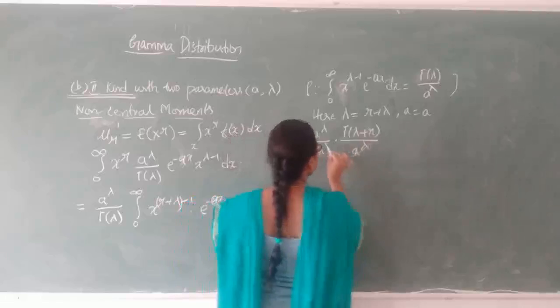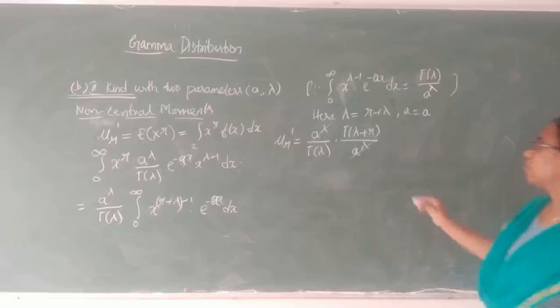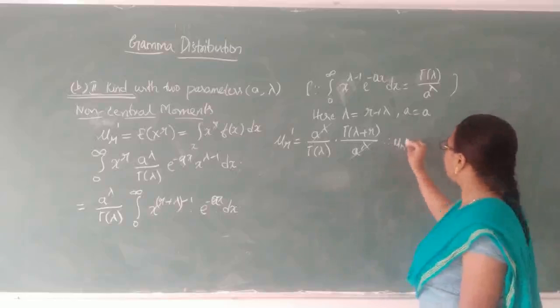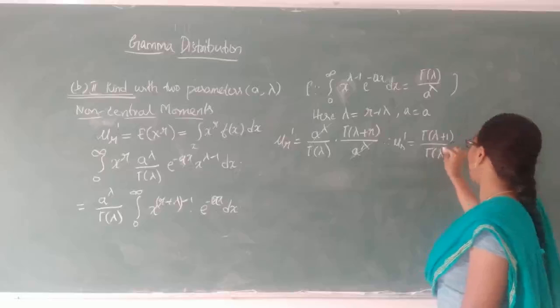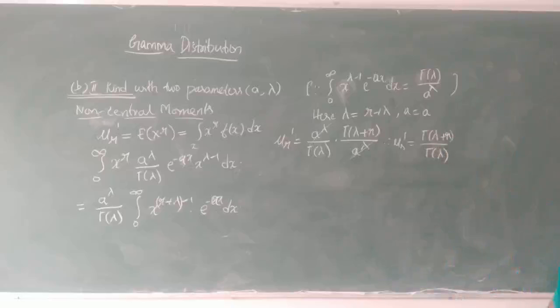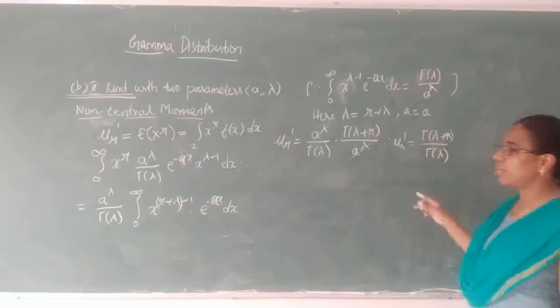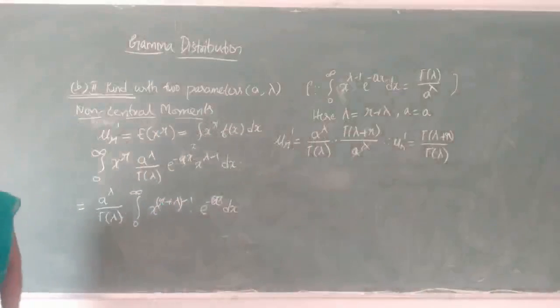So here if you observe, a power lambda gets cancelled. Therefore, mu r dash equals gamma of lambda plus r by gamma of lambda. So now we have to substitute different values of r and find the 4 non-central moments.